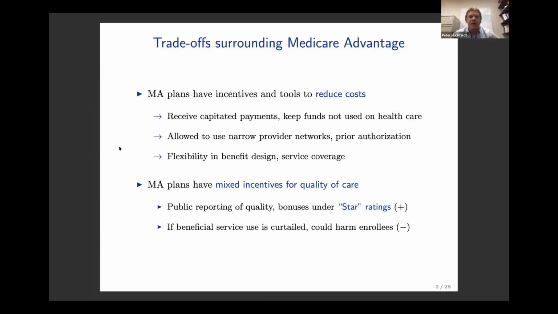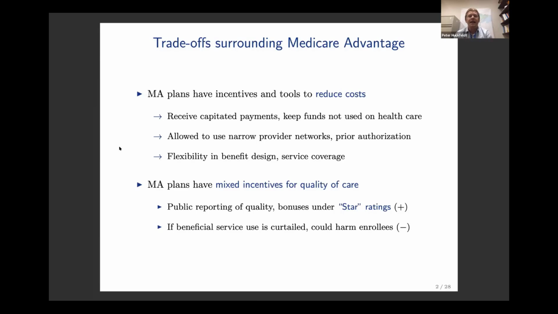Medicare Advantage plans also have flexibility that really isn't present in traditional Medicare to manage utilization. For example, they are allowed to establish narrow healthcare provider networks so that their enrollees can only go to certain providers and have that care covered. They have the ability to use prior authorization, requiring that enrollees receive permission to use different kinds of healthcare.